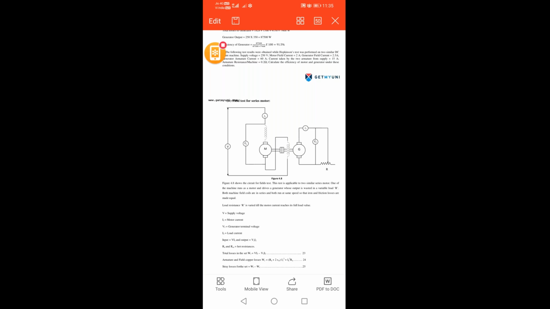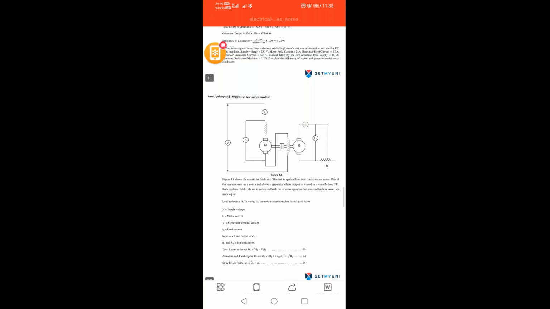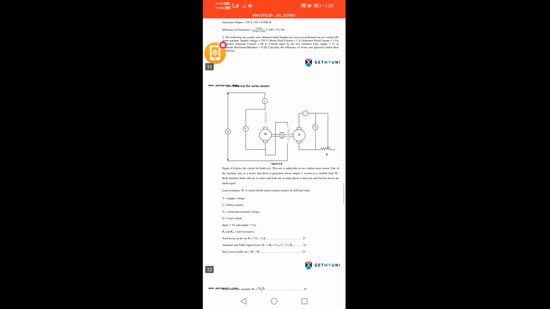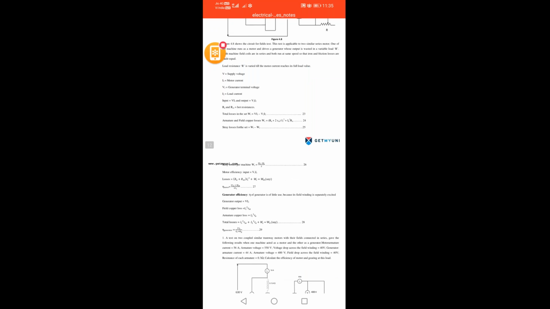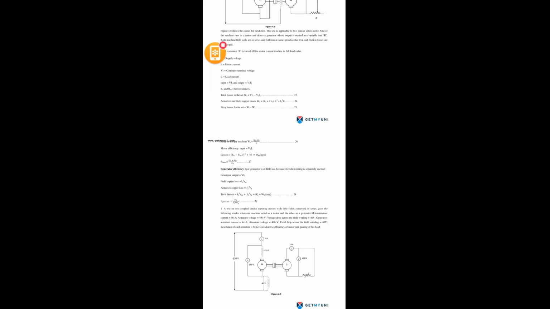So electrical energy divided by electrical energy plus losses. Now we obtain the entire equation in terms of electrical form. In this circuit diagram, the output of the generator is I2 into V2, right? So the efficiency of the generator is I2 V2 divided by I2 V2 plus total losses. So this is about the field test on DC series motor.